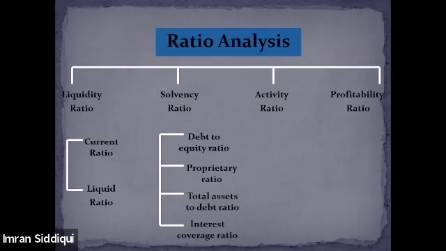Out of which we have already discussed the current ratio in the previous class. I gave you a few questions based on the current ratio as well, which I'm sure that you must have already done. So in today's class, we'll be talking about the liquid ratio, which is also known as quick ratio.